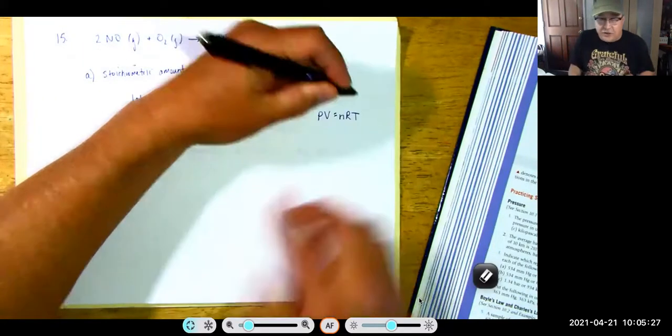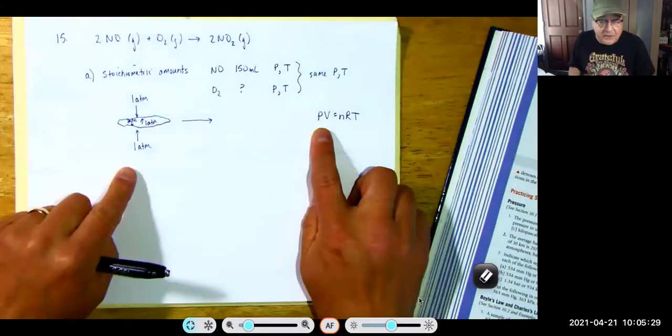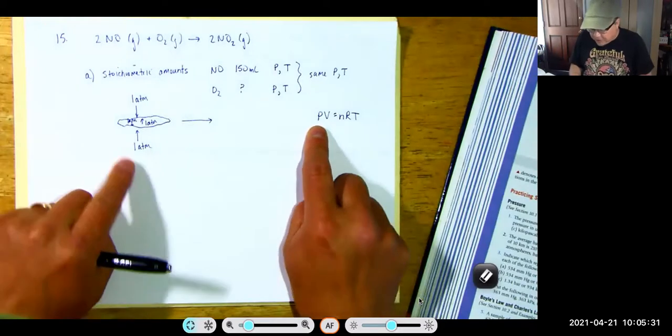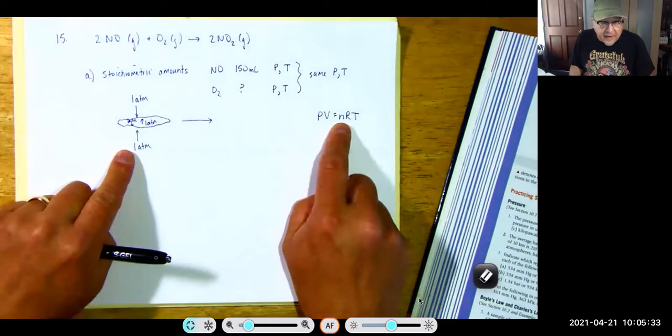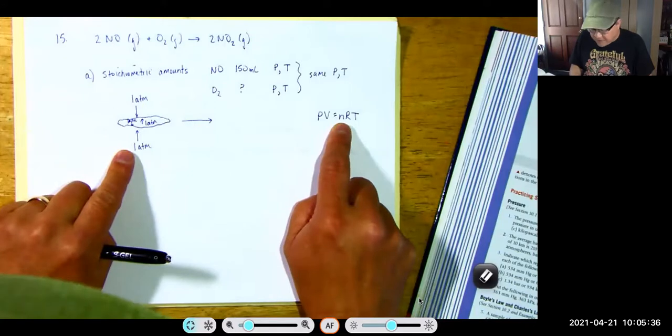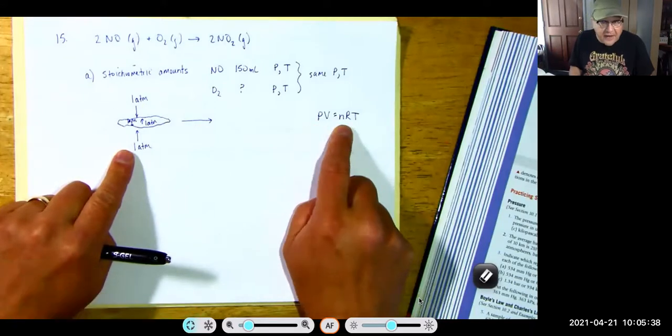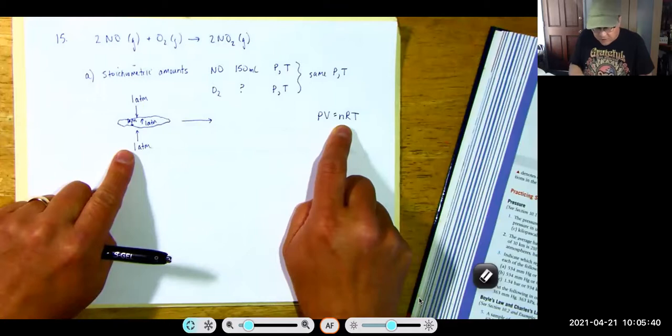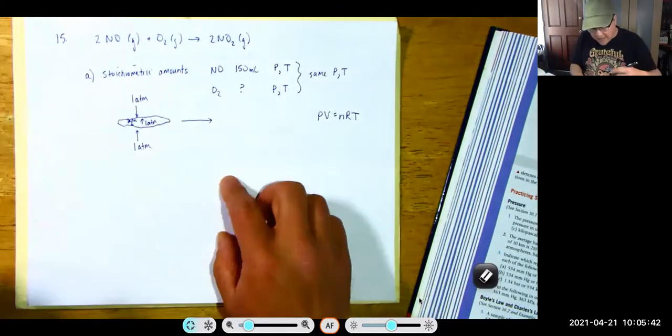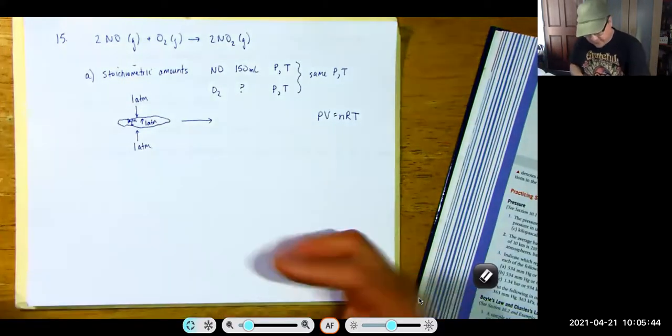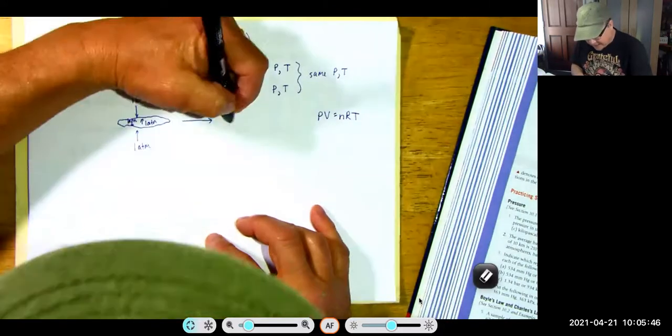So this equation is good for gases and gas mixtures. The pressure when you have 3 moles of gas will be different than the pressure when you have 2 moles of gas. So when this reaction gets done, the pressure will actually be less. So I'm going to make the bag the same size.